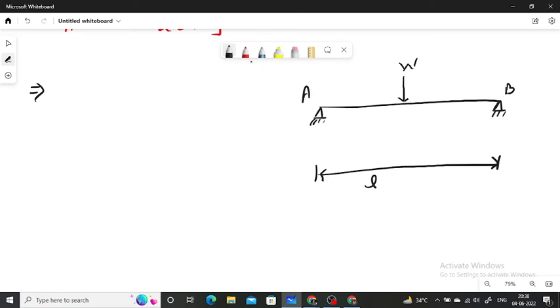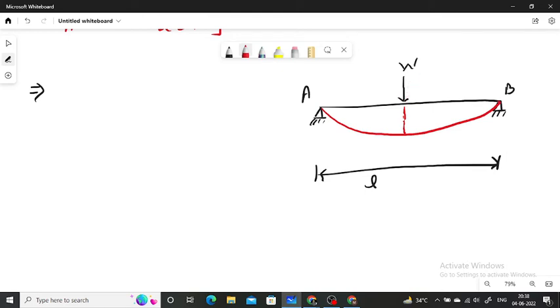In the case of a simply supported beam, deflection is maximum where the point load is acting.